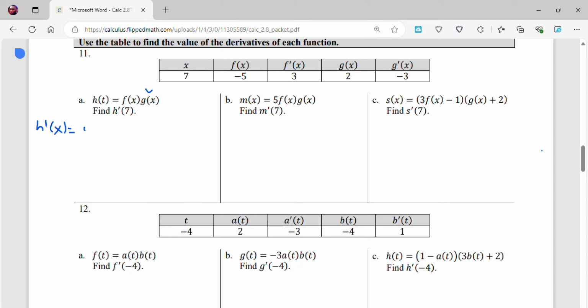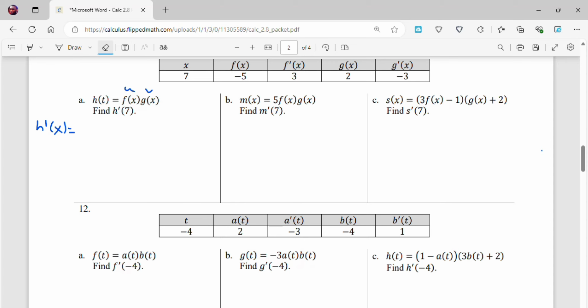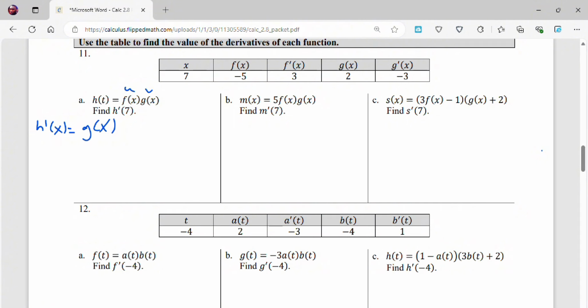So g of x is v, f of x is u. It doesn't really matter for product rule because you're just adding, right? So anywho, v u prime times f prime of x plus f, which is our u, times v prime, which is g prime of x. And we're going to evaluate this derivative at x equals 7.